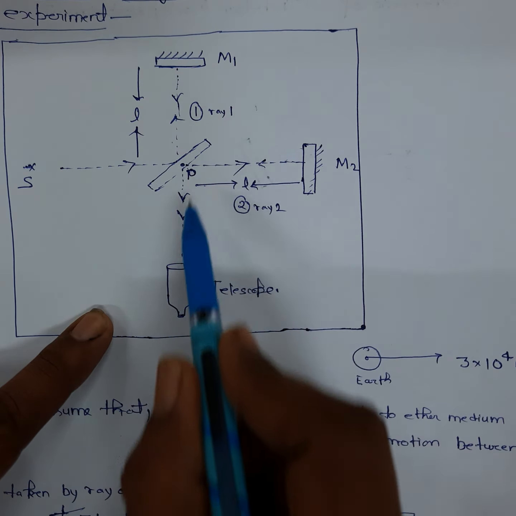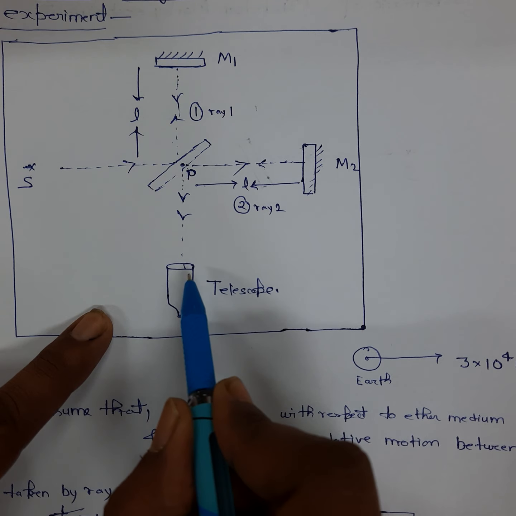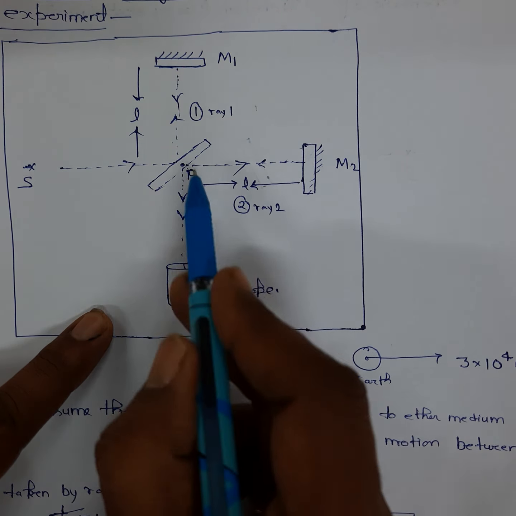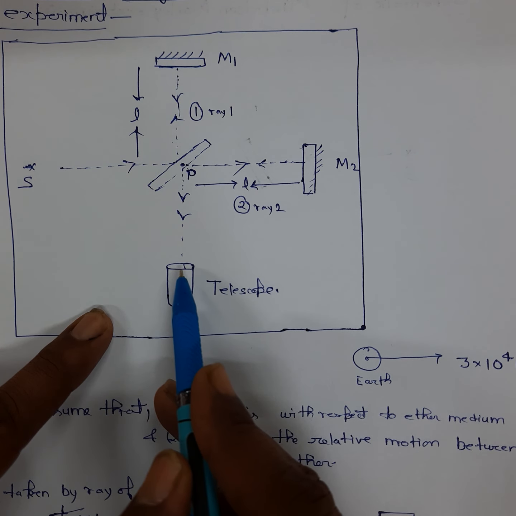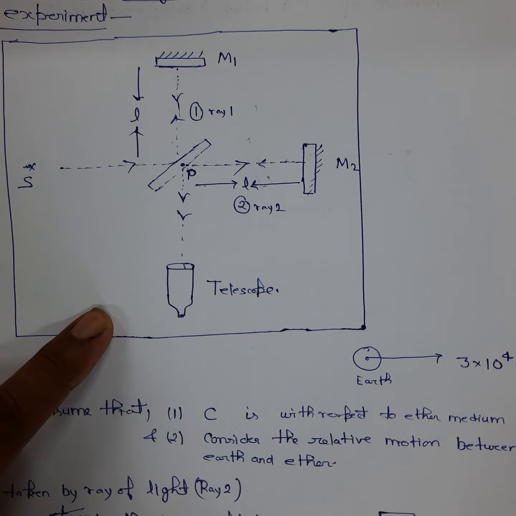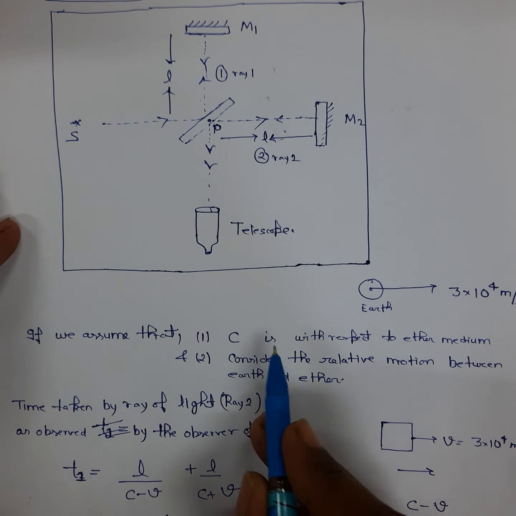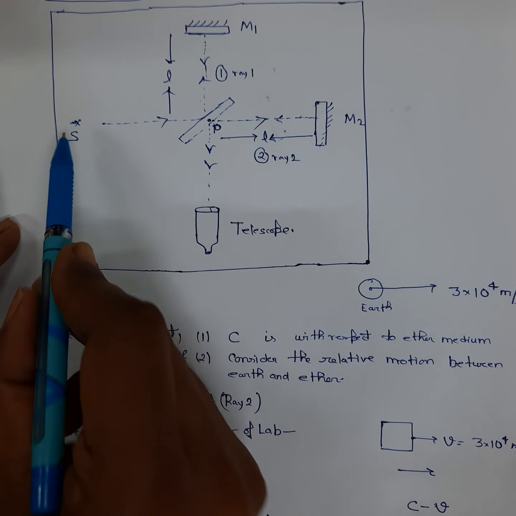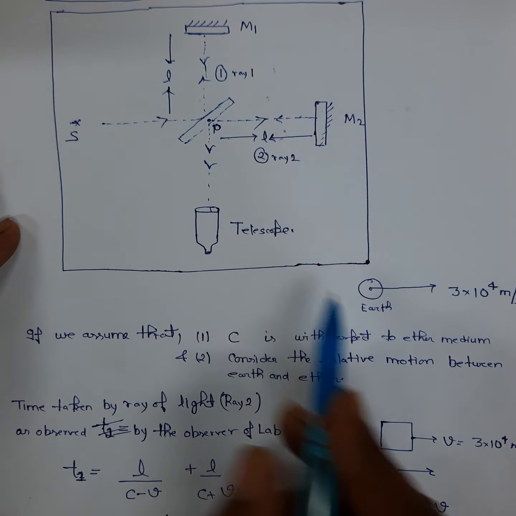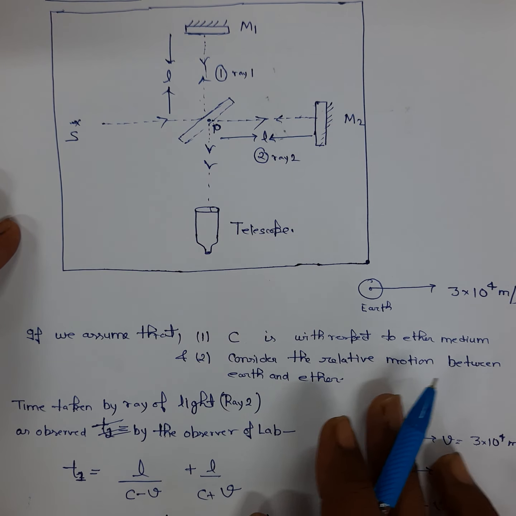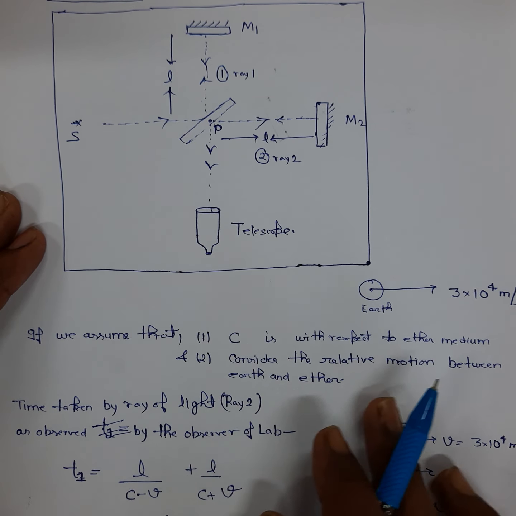If the transit time is the same, then on viewing in the telescope both the rays must reach there in the same phase, hence constructive interference should take place on the screen of the telescope. In this analysis, we will assume that the velocity of light is with respect to the ether medium, and will consider the relative motion between earth and ether.